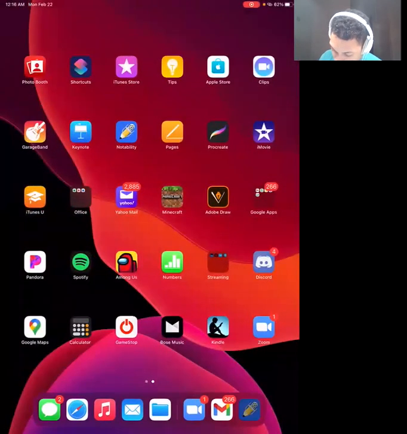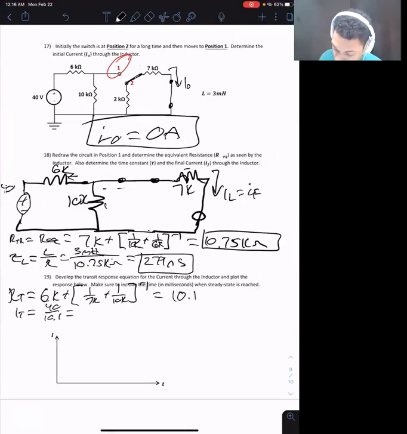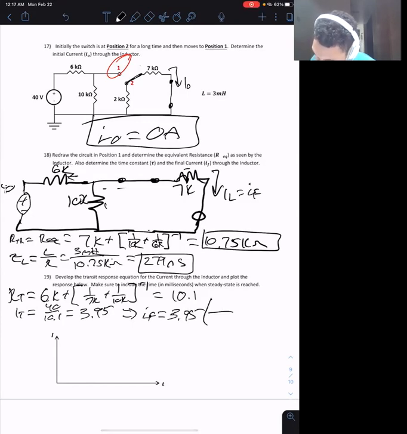Sorry about that. So that's around 3.95. And then once you have that, it's pretty trivial to find the rest, right? Just a current divider rule. So we've got I final equals 3.95 over, and there's the branch resistance, which is 1 over 10 plus 1 over 7 to the negative 1.